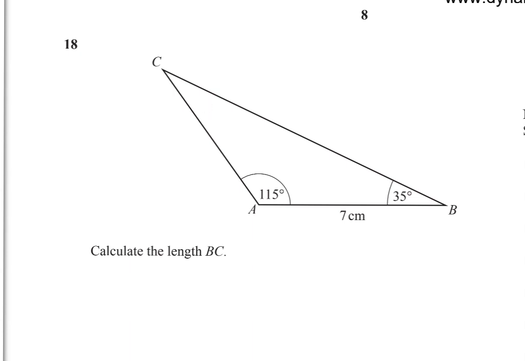Can you find the third angle? 30. 180 minus 115 plus 35, so this angle is 30. Now we can use the sine rule to find BC. BC over sine 115 equals AB over sine 30. So BC over sine 115 equals 7 over sine 30.